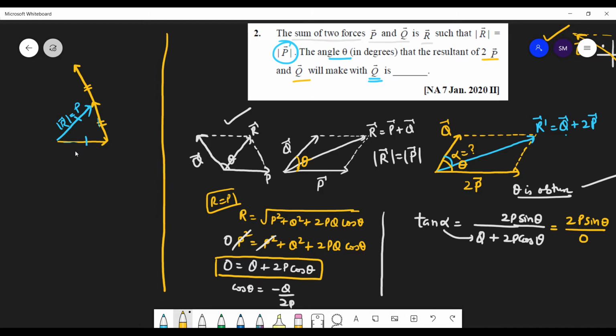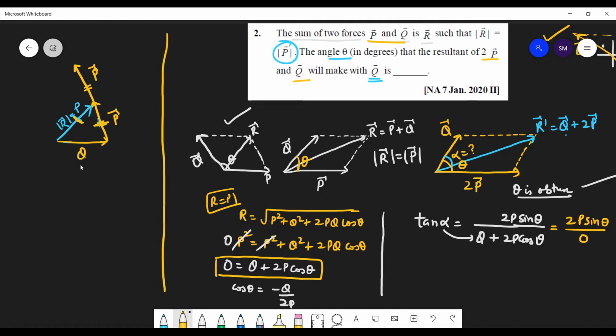So P and Q. The resultant is equal to P, so this and this should be equal. Then we have 2P now. This is P and this is P, so the left one is Q. That is why now it makes sense.